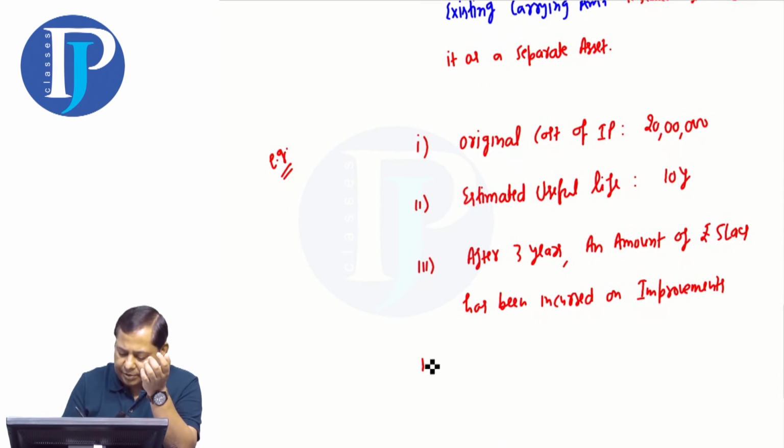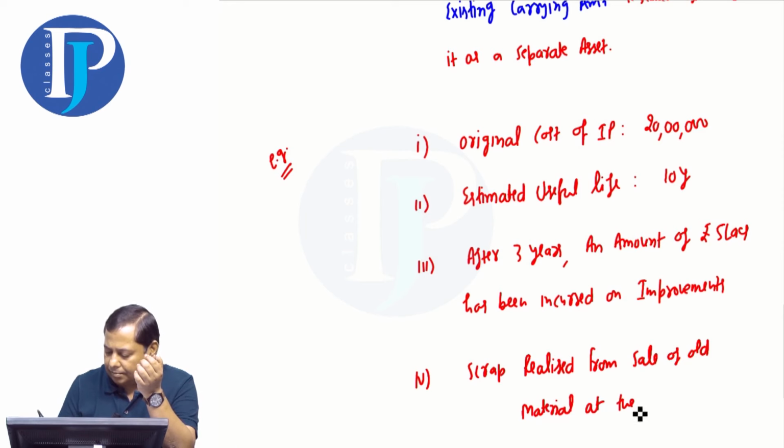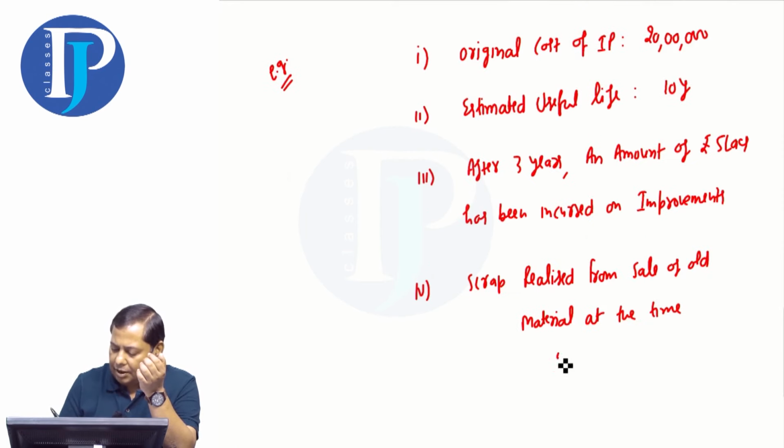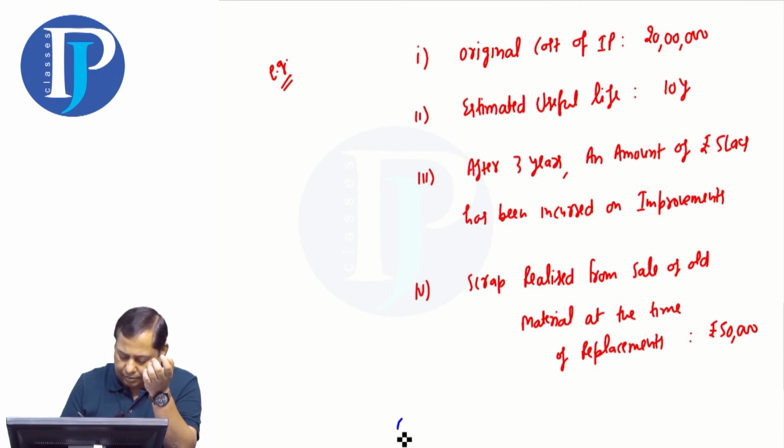We have spent 5 lakh rupees on improvements. Scrap realized from sale of old material at the time of replacement is 50,000 rupees. Calculate depreciation after replacements.